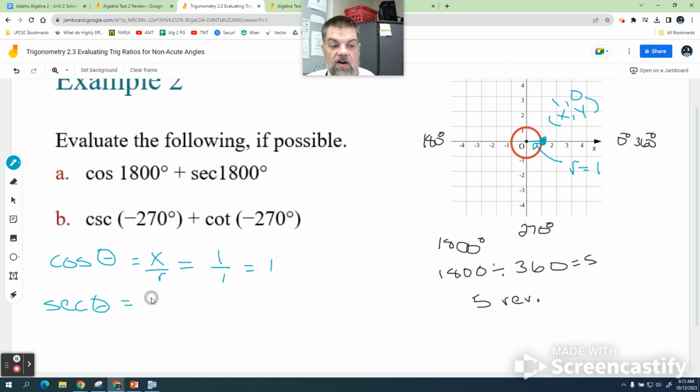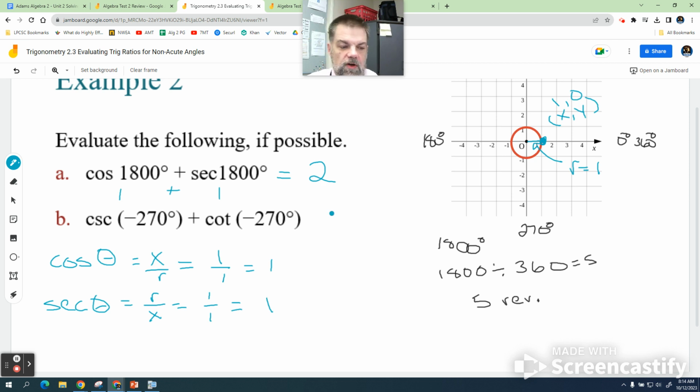So that would be r over x, and that would be 1 over 1, which is 1. So for this one, we've got 1 plus 1, which equals 2. Okay? And you're like, what? No, that's what it is.